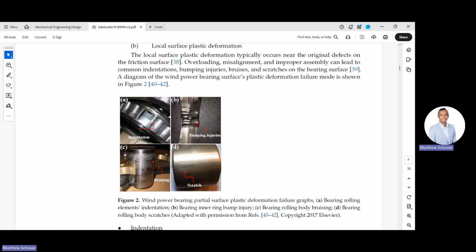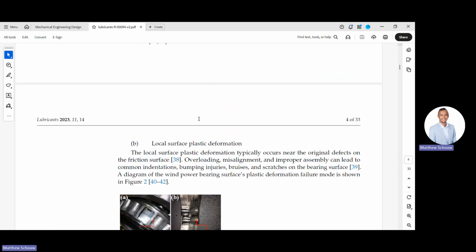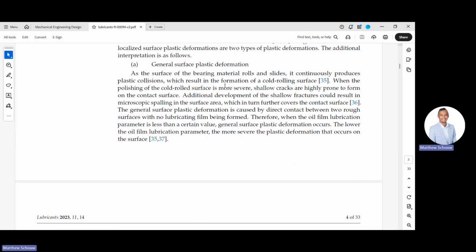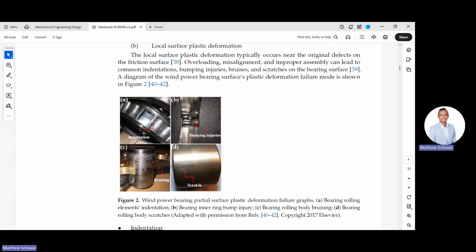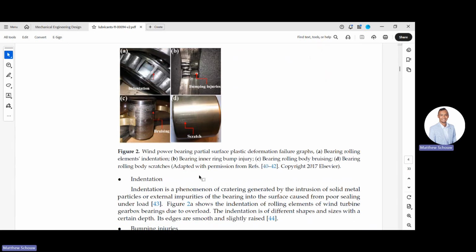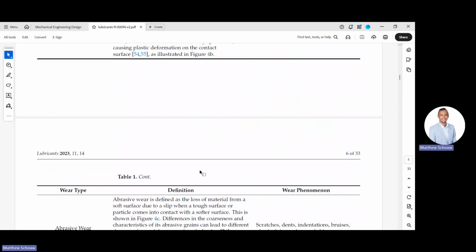So, nevertheless, there are several causes of why these bearings fail. These authors have established all of this in a nice review paper, and you'll notice over here they talk about a few faults like general surface plastic deformation, local surface plastic deformation, indentation, and so on. On those bearings you notice these deformities, so to say, which are obviously causing bearing failure.